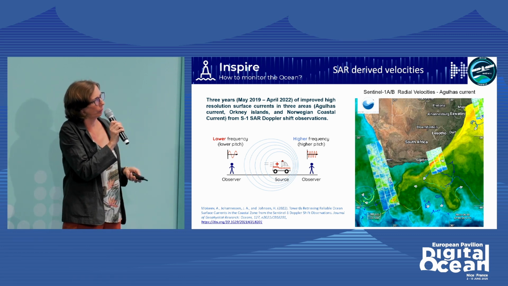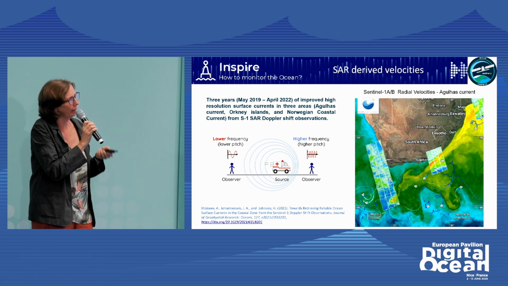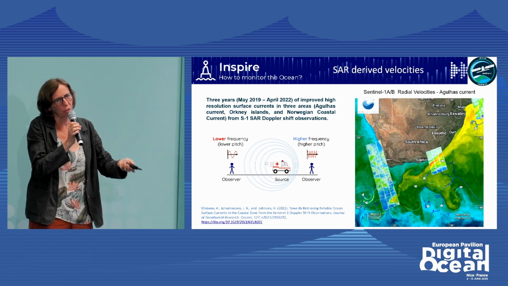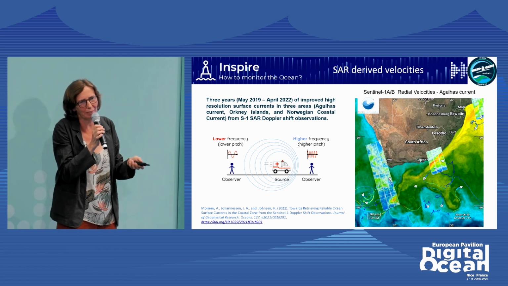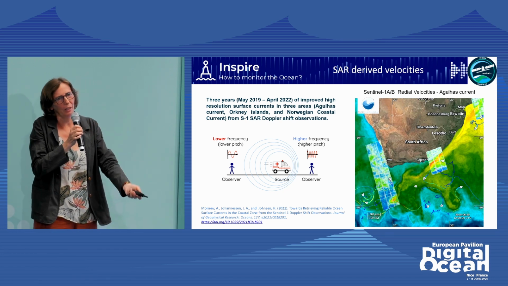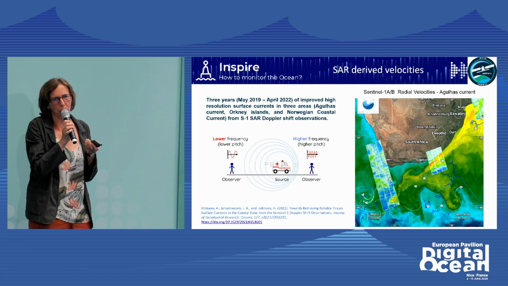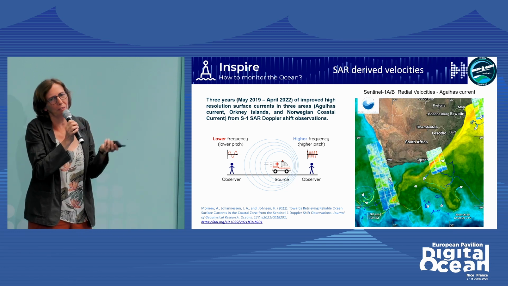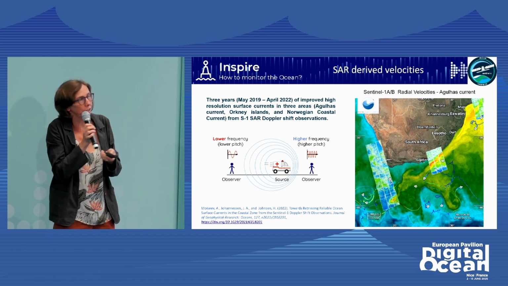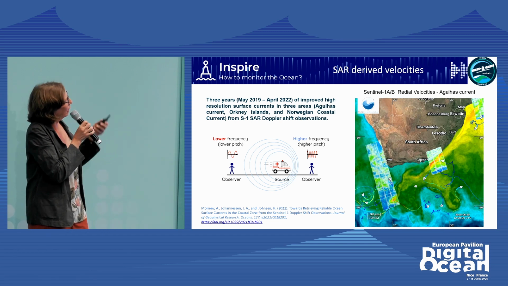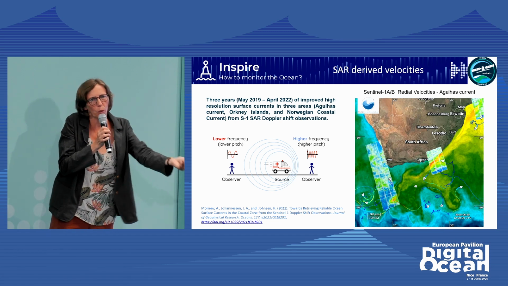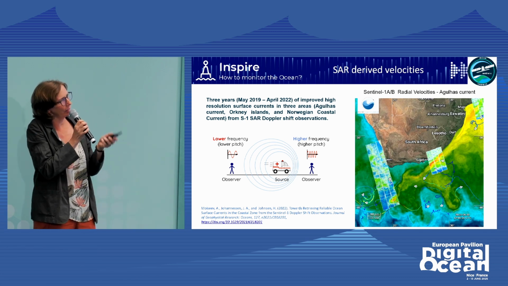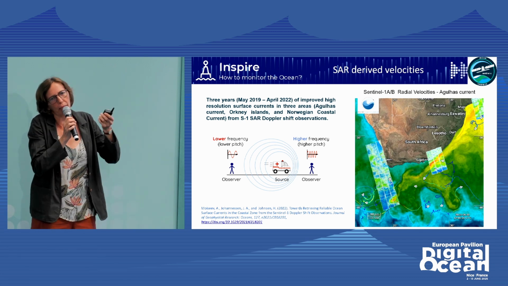And when the satellite Sentinel-1 sends a signal toward the surface, and it is backscattered by water particles that are moving toward the satellite because of currents, the frequency of the signal will be slightly changed. It will be higher, and it will be lower if the particle is moving away from the satellite because of the currents. So by analyzing this difference in frequency, we can go back to the current.